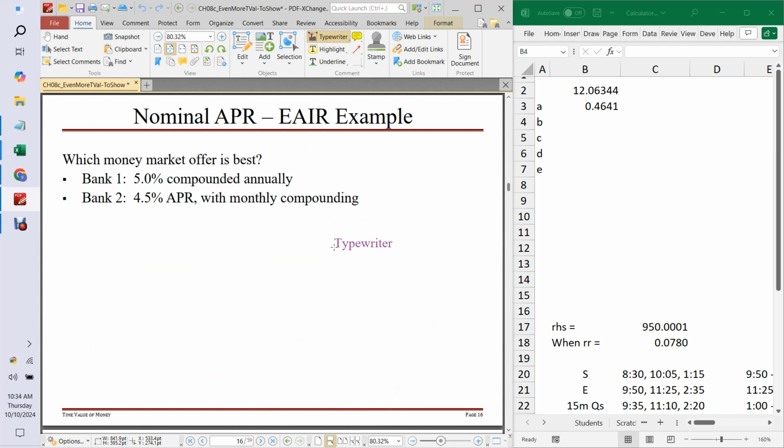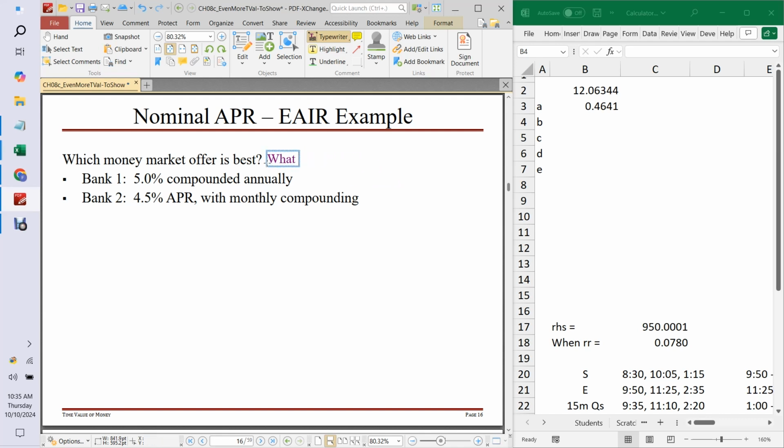Okay, so there is a great question here. What if we've got a problem involving both annual and quarterly, okay? And here's the answer to your question. You ask, I'm here to help, okay? So we've got a problem here which says which money market offer is best. So you are thinking about putting your money into a money market fund.